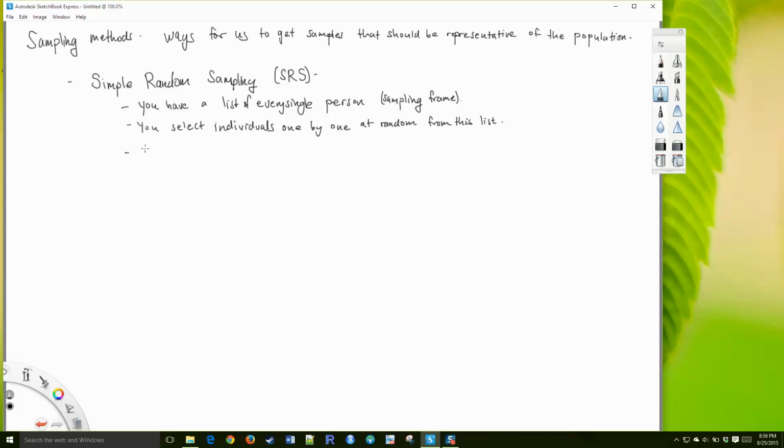And what this does is it makes every single possible sample have equal probability. That's simple random sampling. Okay.